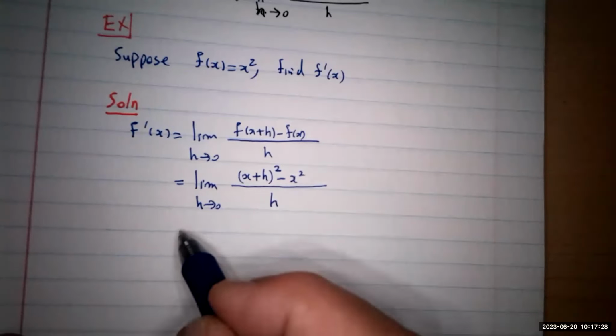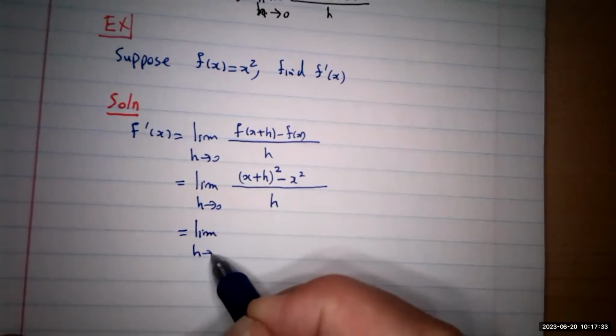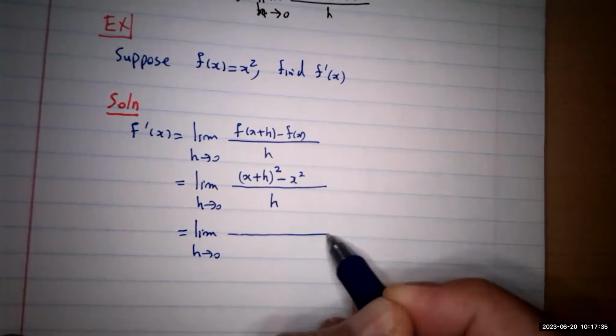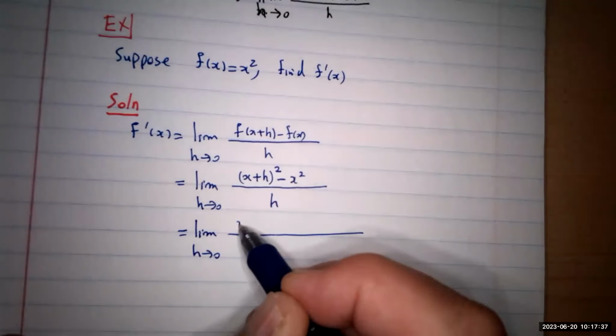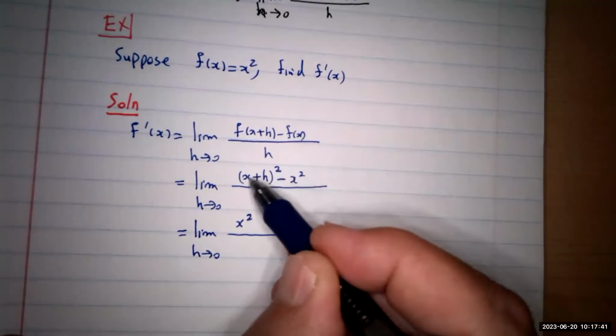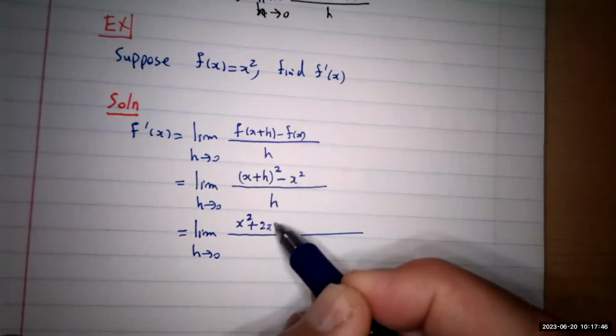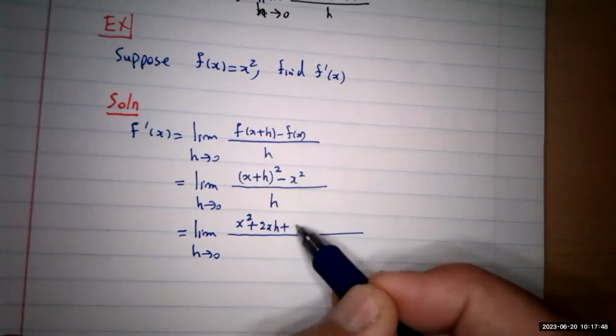So it's going to be equal to the limit as h goes to 0. Now the top is the square of the first one, x squared, plus twice the first times the second, 2xh, plus the square of the second one, h squared.